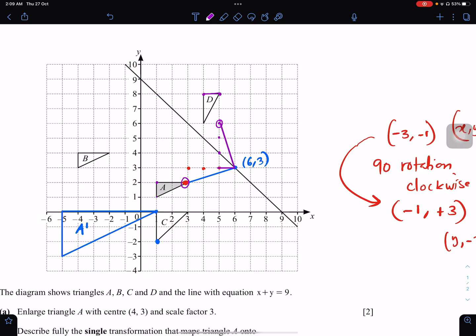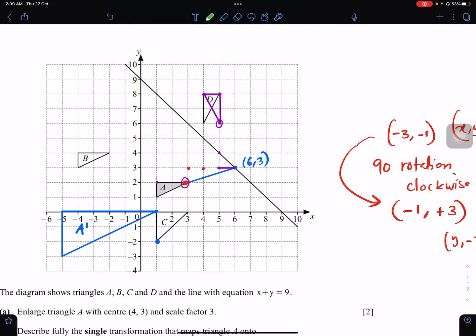And accordingly, you could see that this point will be reflected here and this point will be reflected somewhere here. So I'm going to have a rotation. After the rotation, I'm going to get a triangle like this. But this triangle is not directly mapping to the required triangle D. I could see that this is exactly a mirror image about a line in the middle.